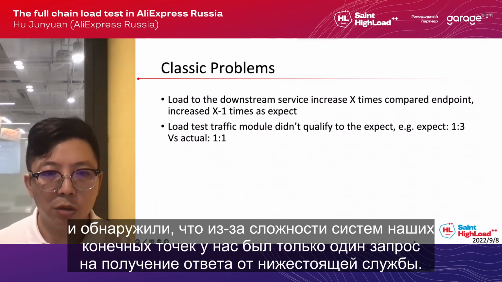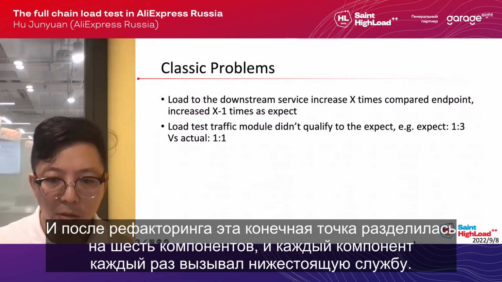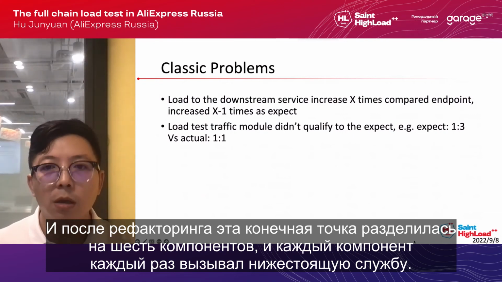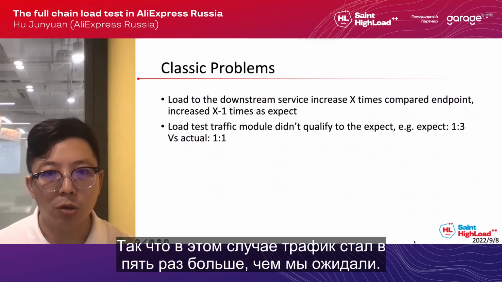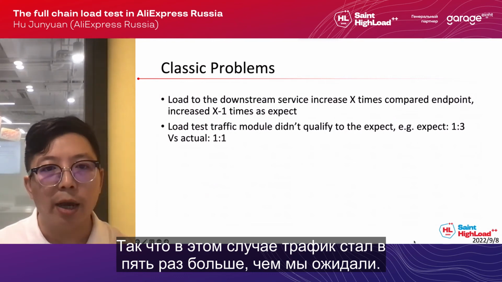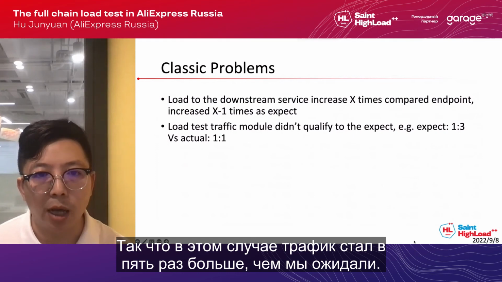After refactoring, this endpoint has split into 6 components, and every component will call the downstream service every time. So in this case, the traffic has increased 5 times more than we expected.